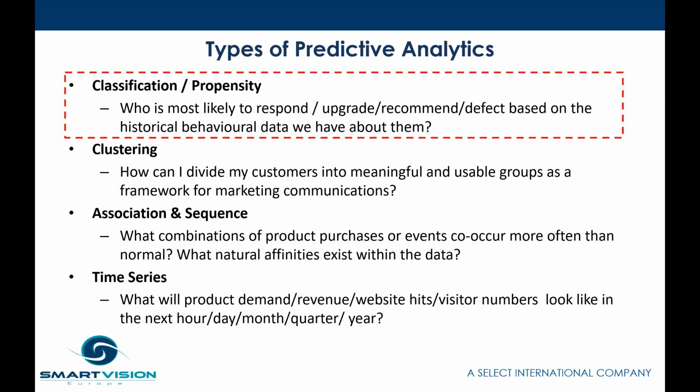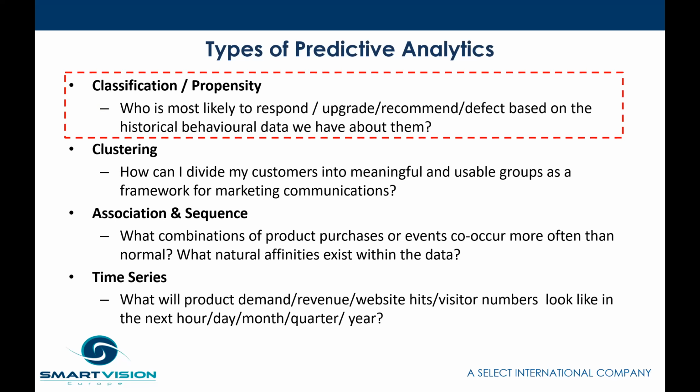You know, who's most likely to be satisfied, who's most likely to respond to an offer, who's most likely to upgrade a contract, who's most likely to recommend, which machine is most likely to have a defect in it or need inspection, which patients are most likely to be readmitted to hospital, you know, which healthcare outcomes are more likely than others with survival, etc. So some sort of key category outcome, a yes/no outcome of some sort, or a grouped outcome, low, medium, high, for example. And that's very much the realm that decision trees works within.